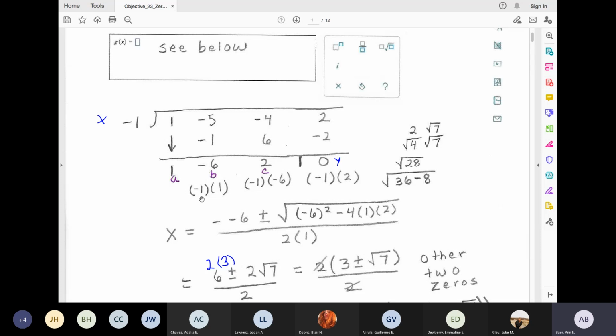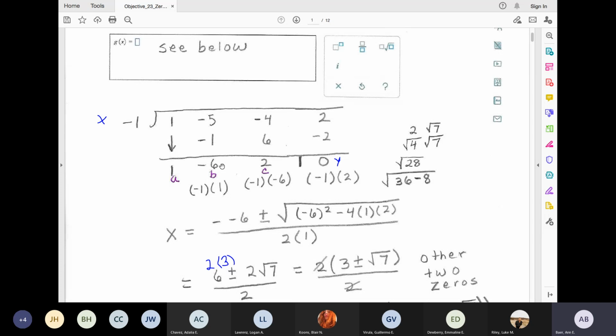It's -1 times what's at the bottom of the previous column, which is 1. That's -1 times 1, which is -1. That -1 goes right here. And then we add straight down. -5 plus -1 is -6.